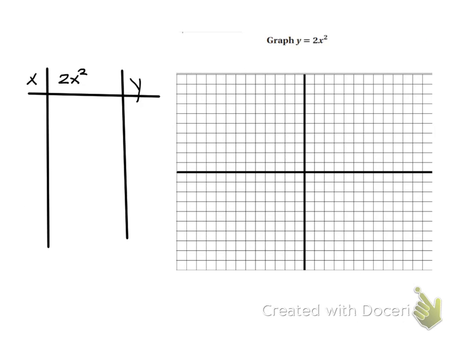Now we are going to graph y equals 2x squared. This is not the parent graph because the parent graph is y equals x squared. So we plug in some points. I plug in 0.